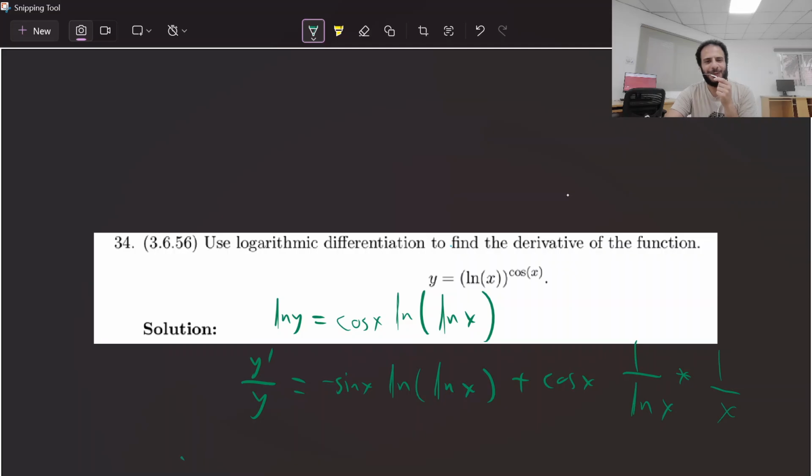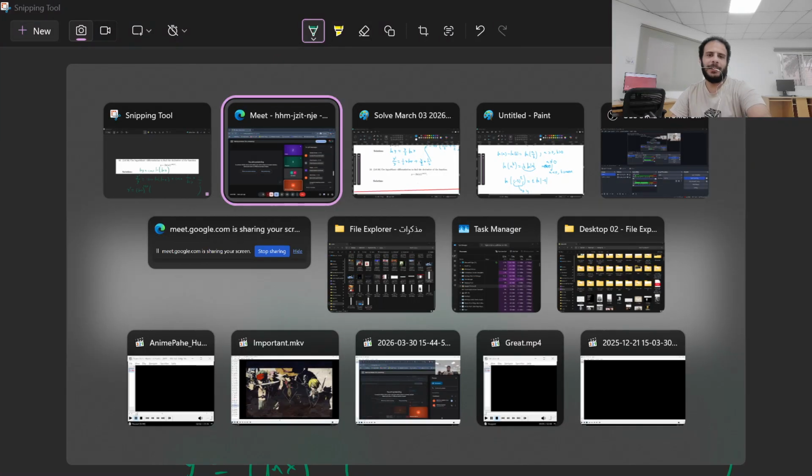Then y prime equals, we multiply both sides by y, you get ln x to the power cosine x, then the whole thing over here. Right? Yes, thank you.